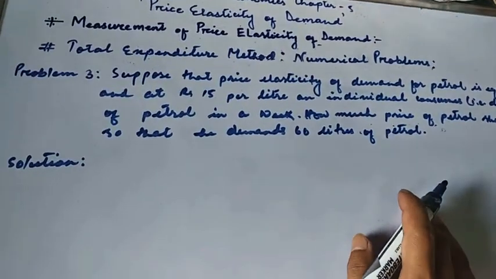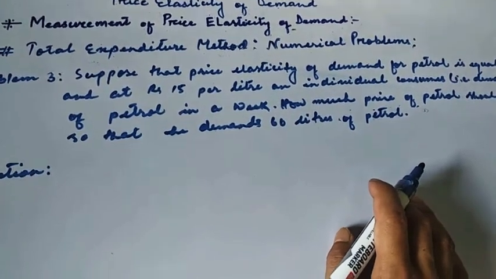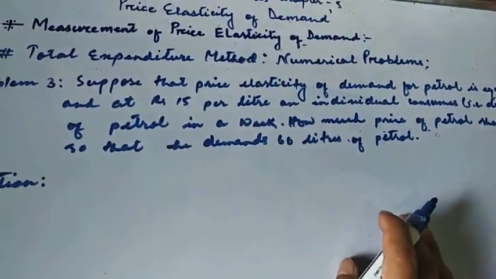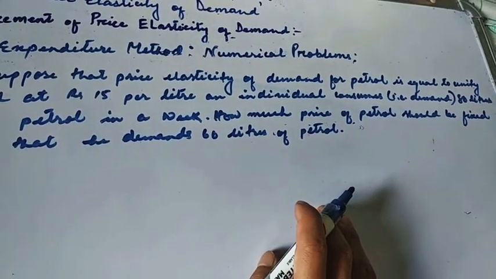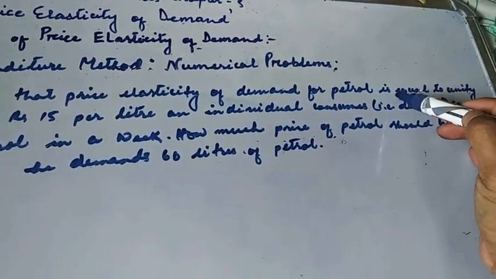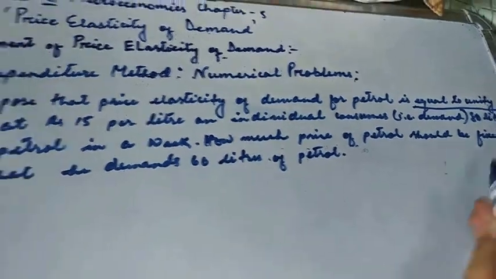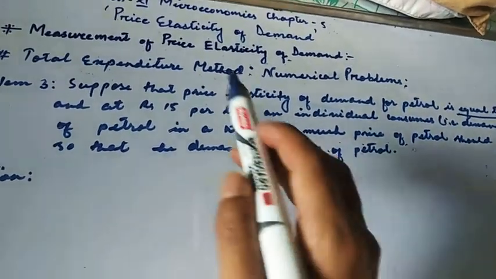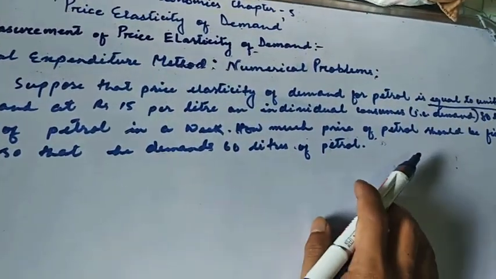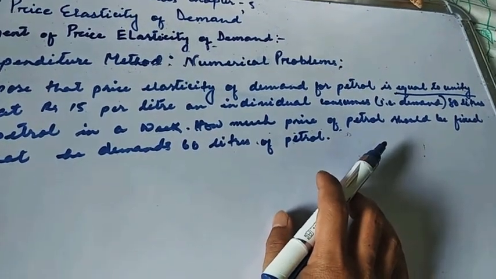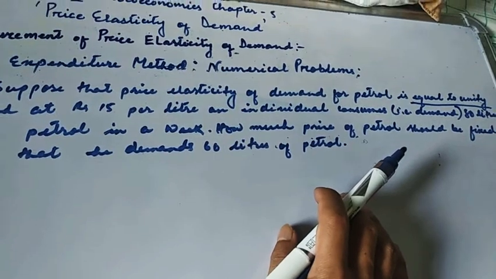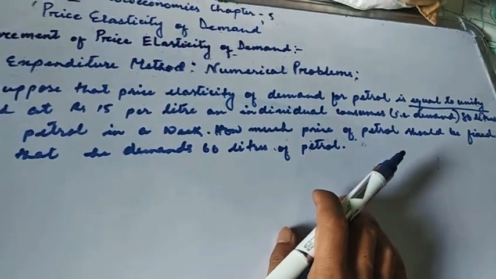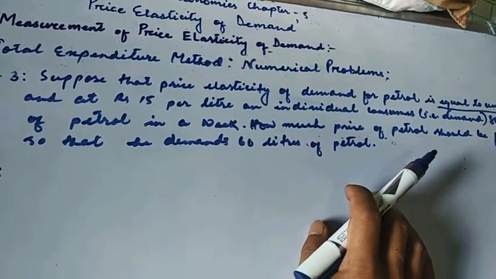So we have problem number 3. The question is given here. Suppose that the price elasticity of demand for petrol is equal to unity. And at rupees 15 per liter, an individual demands 80 liters of petrol in a week.